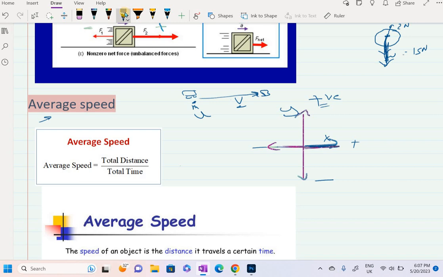So if I want to know the speed which is between U and V, which I can say is the speed for the whole journey, I have to find something called average speed, which is total distance over total time. Okay, and this is a general case. In all the cases, to find the average speed, I have to find total distance over total time.